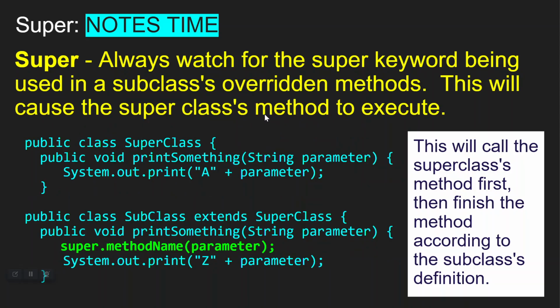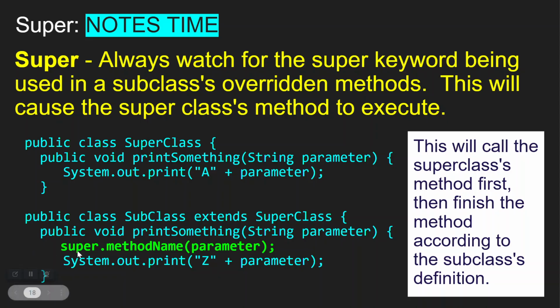All right, and then this is our final example. Here we go back to public class Superclass, public void printSomething. Down here, public class Subclass extends Superclass, and public void printSomething.